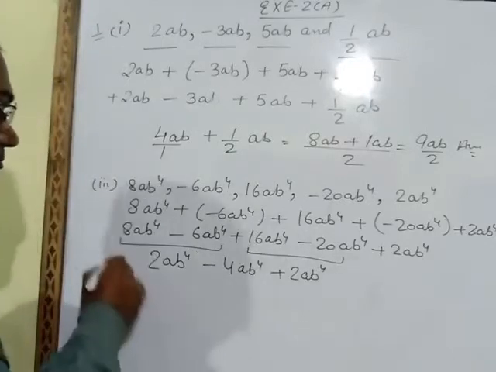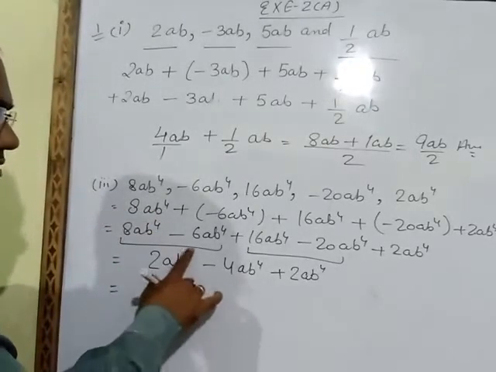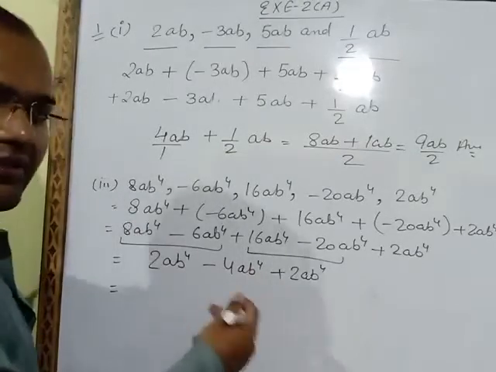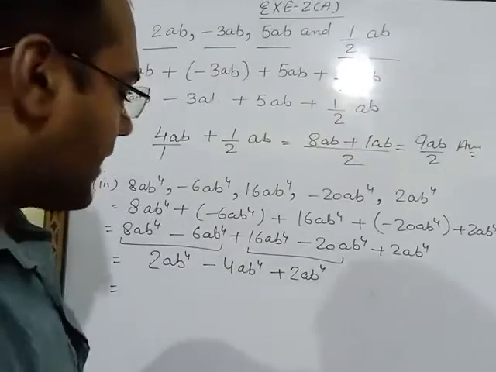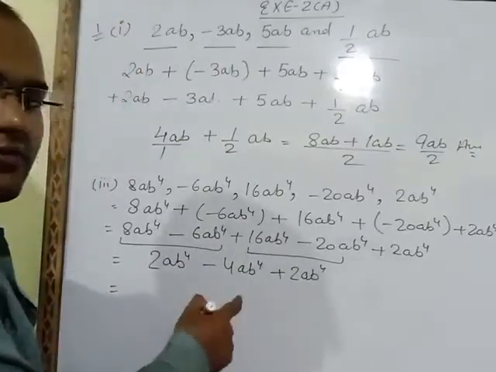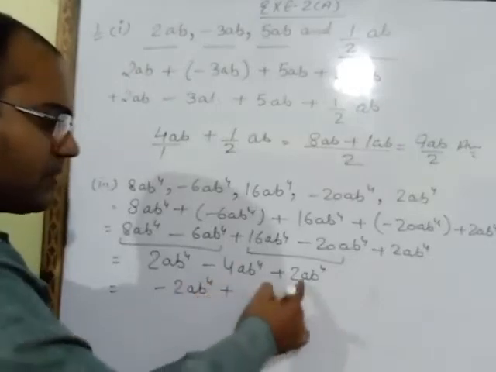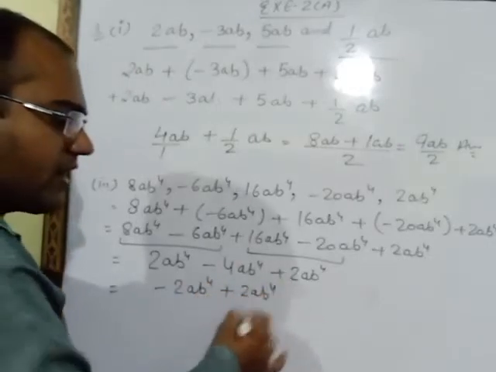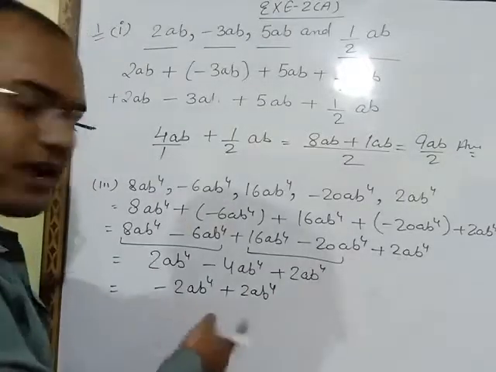Now the next step: 2ab power 4 minus 4ab power 4. Alphabets are the same. This is plus 2 and this is minus 4. Plus 2 and minus 4, the answer will be minus 2ab power 4, plus 2ab power 4 we will write as it is. Now here both are the same but signs are different.